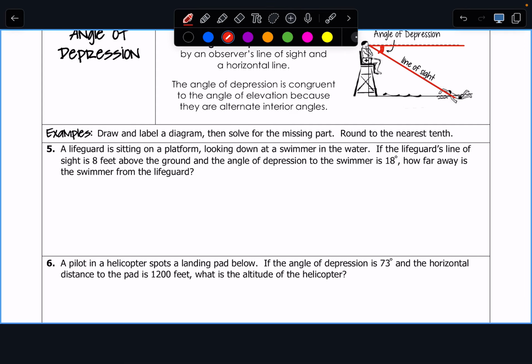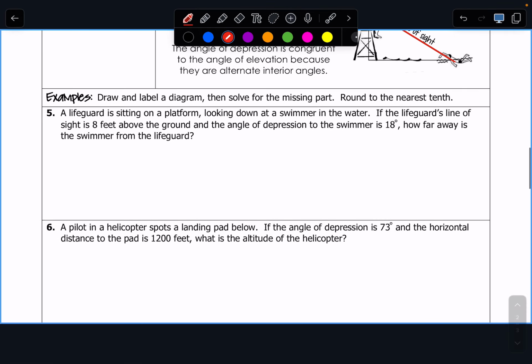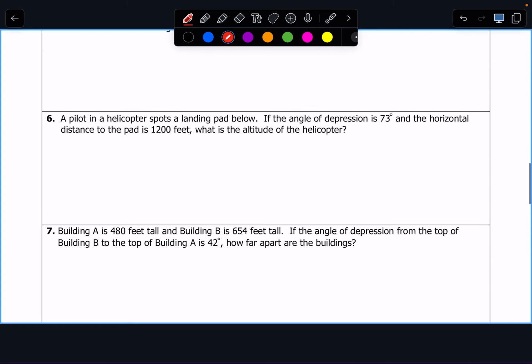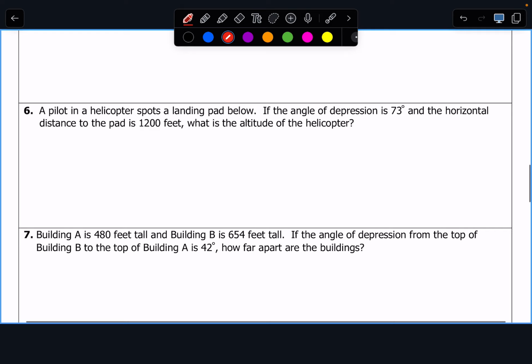Okay. We're going to look at number 6 because number 5 is exactly the picture up there, and I want to give you something new. A pilot in a helicopter spots a landing pad below. Are you ready for this?